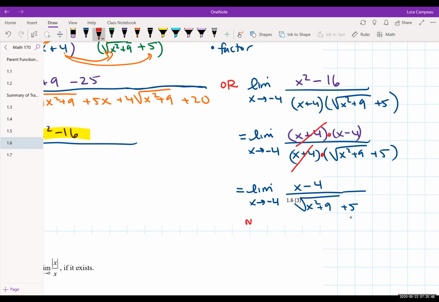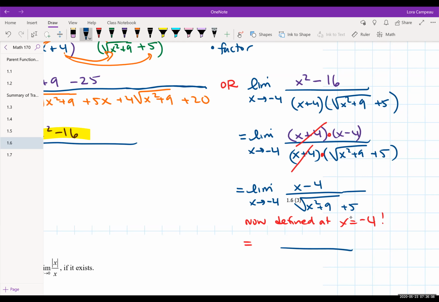Now, since the function is defined at x equals -4, this is a good time to use direct substitution. We don't have to worry about writing the limit anymore because we're actually evaluating.